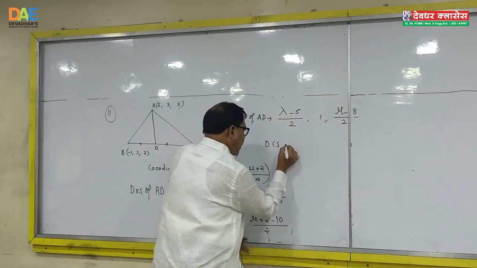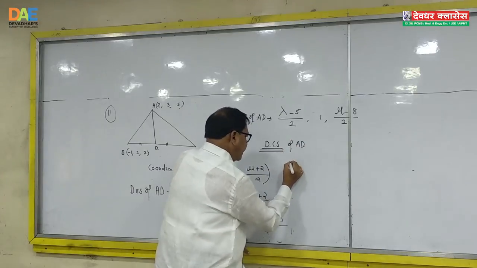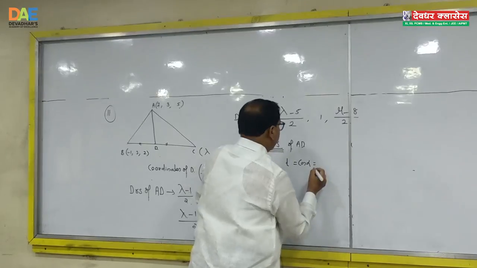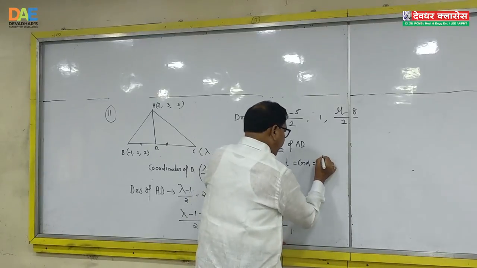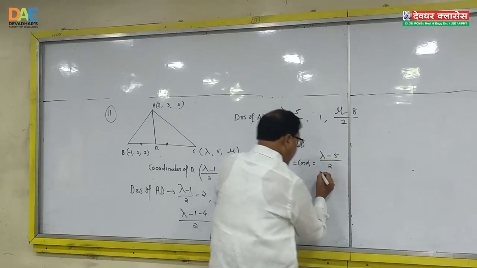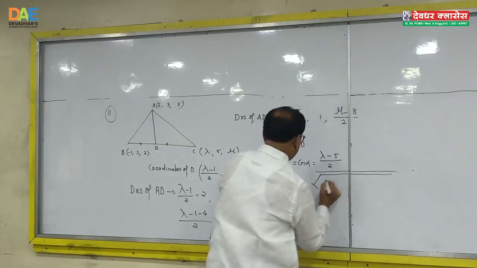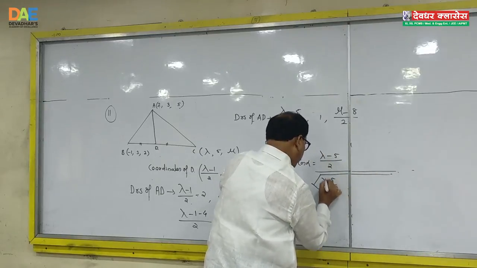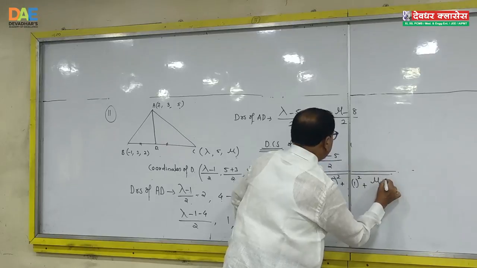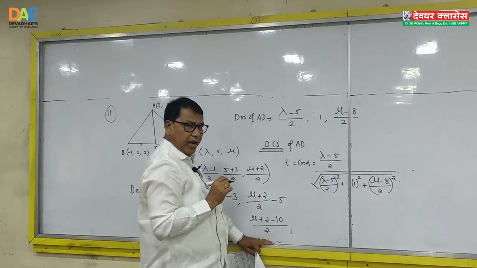Now the DCs of AD. L is equal to cos alpha, which is lambda minus 5 upon 2 upon root of lambda minus 5 upon 2 bracket square plus 1 square plus mu minus 8 upon 2 bracket square. This is the value of L, cos alpha.